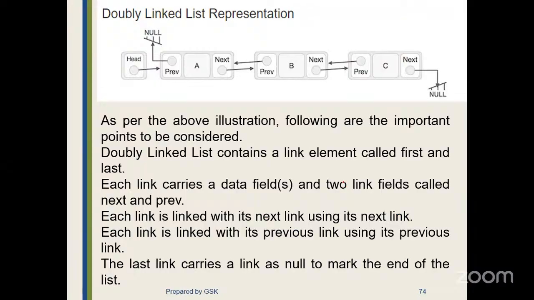See the graphical representation of the doubly linked list. See the head node, and I have a previous link. Observe here, this is one link, and one more back link also. Right?